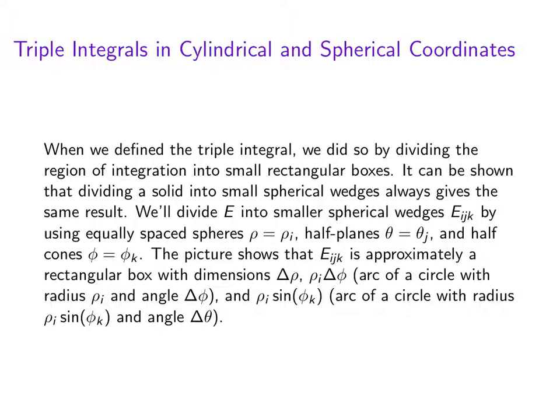And our other dimension is rho sub i sine phi sub k delta theta, because we have an arc of a circle with radius rho sub i sine phi sub k and angle delta theta. These three things are approximately the dimensions of this rectangular box. So if we multiply them all together, we get the volume of this spherical wedge.